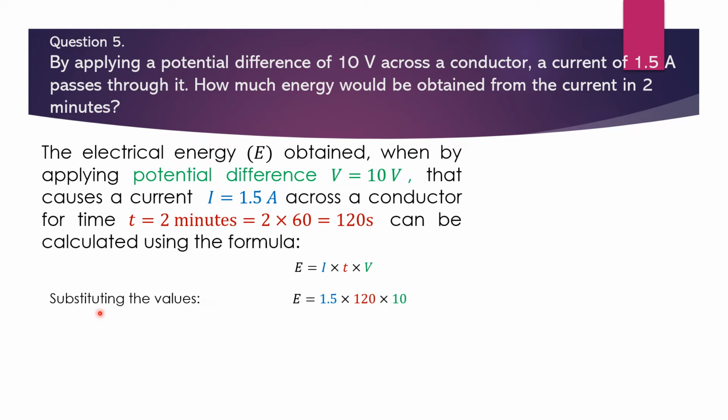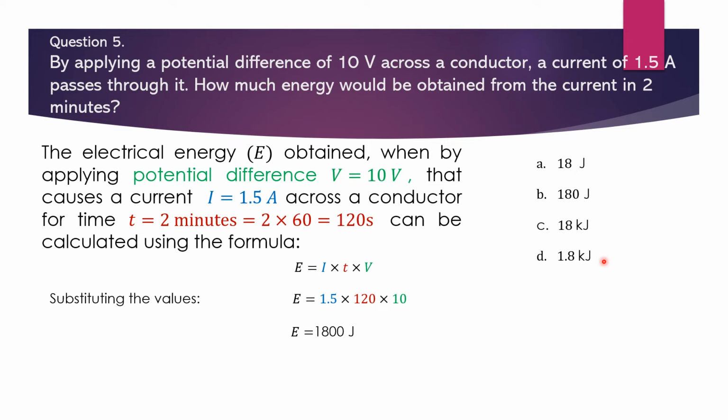Now substituting the values, I is equal to 1.5 ampere, T is equal to 120 seconds, V is equal to 10 volts. Now calculating this results in 1800 joules. Now from the given options, 18 joules, not our answer. 180 joules, again not our answer.